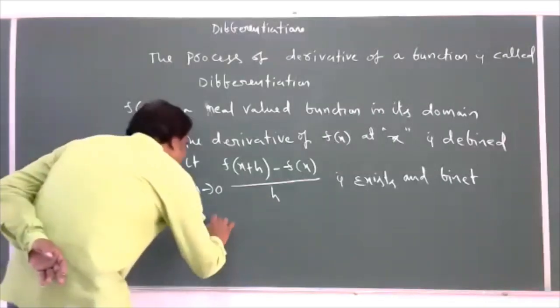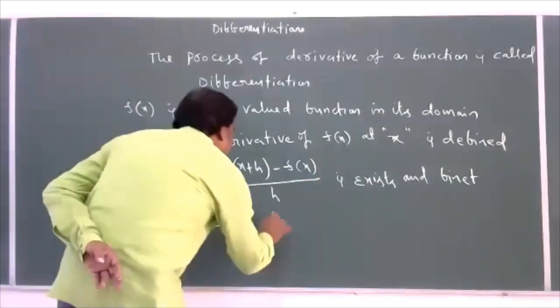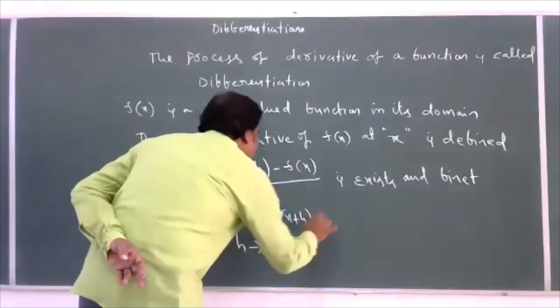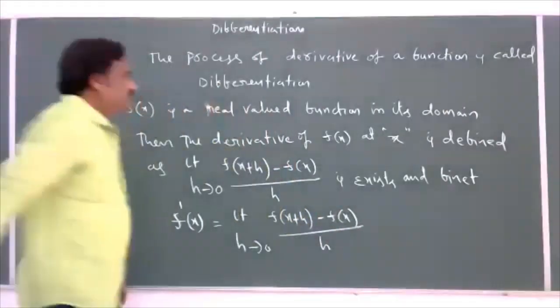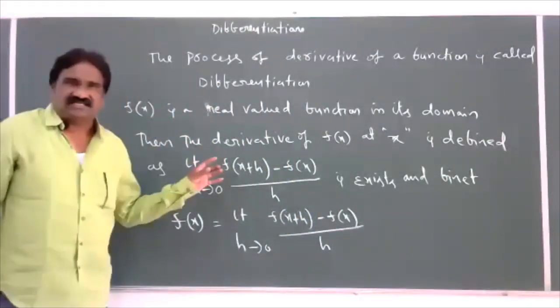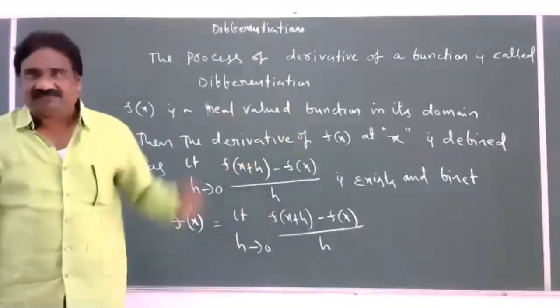That is, f dash x is equal to limit h tends to 0 of f of x plus h minus f of x by h. Again, I discuss: f of x is a real valued function in its domain.